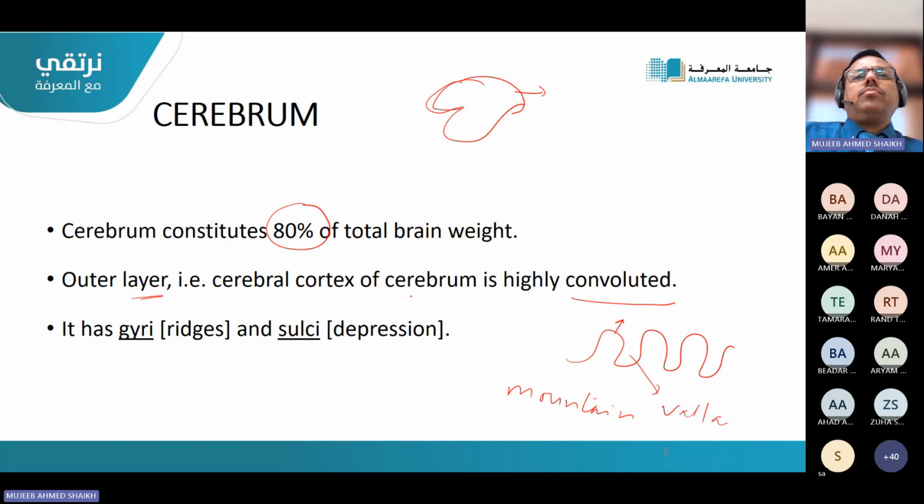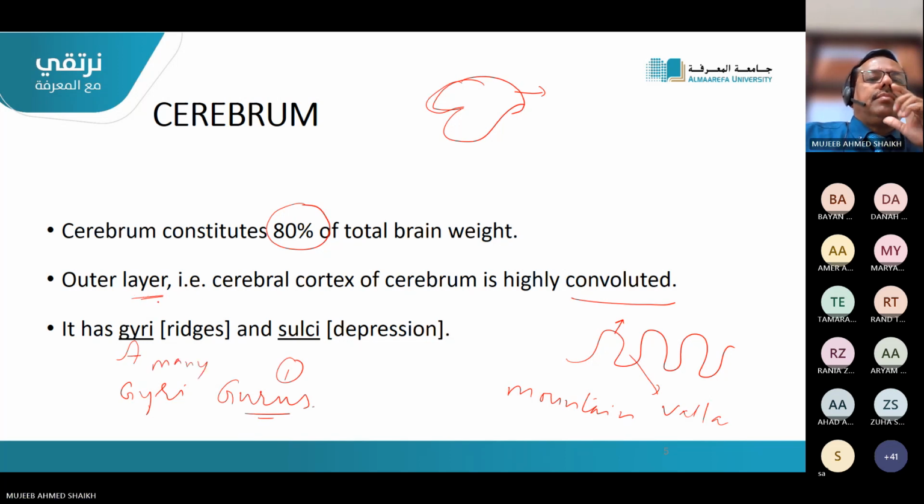So folds will make two structures. Some are mountains, some are valleys. The ones which are mountains are called gyri, or single is known as gyrus. Gyrus is one, gyri are many. These are the gyri. And sulci, or sulcus.